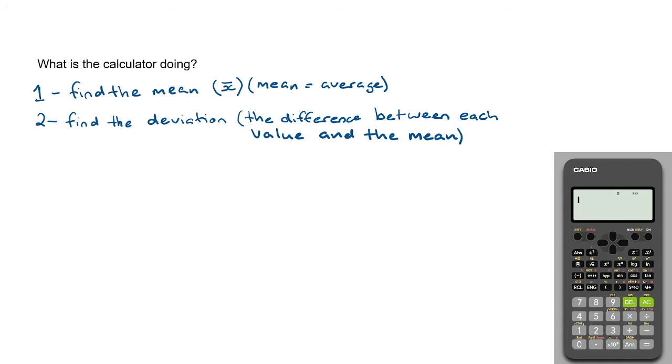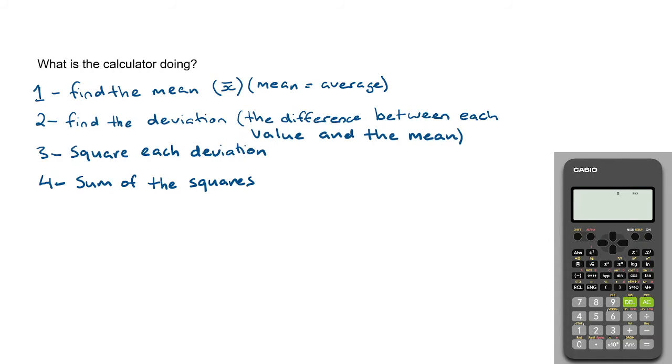The next one is a pretty random sort of step, but it is important: we square each deviation. We square the deviations. We find the sum of these squares. So that's the next step. You can already see there's a lot going on. Sum of the squares.